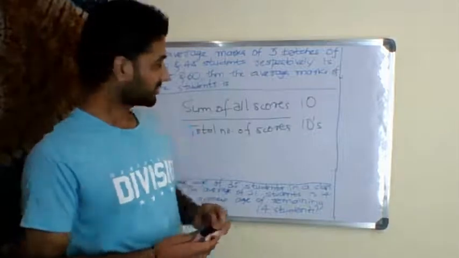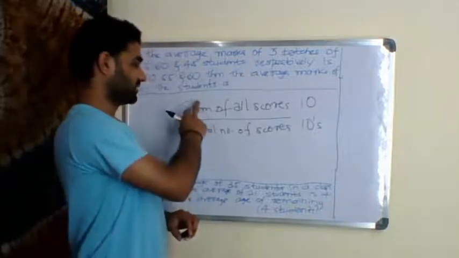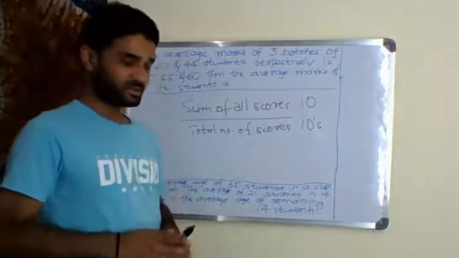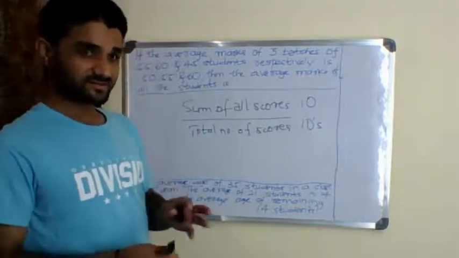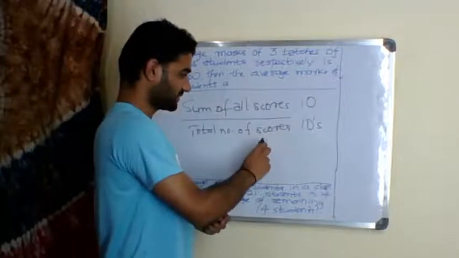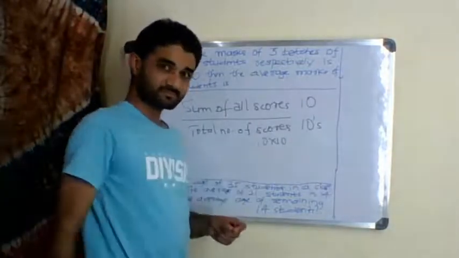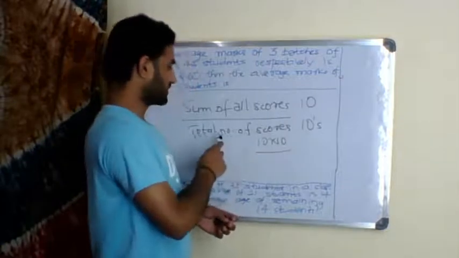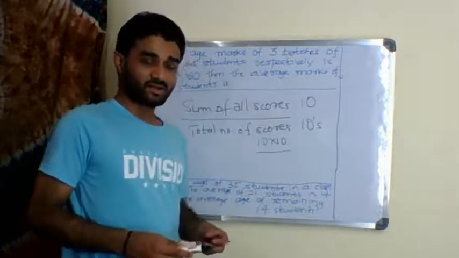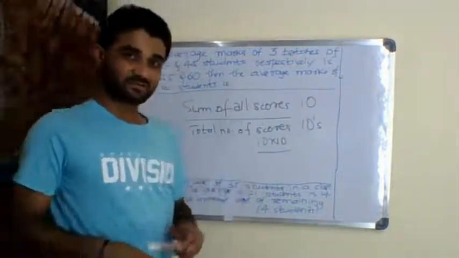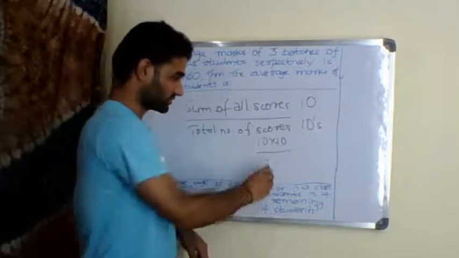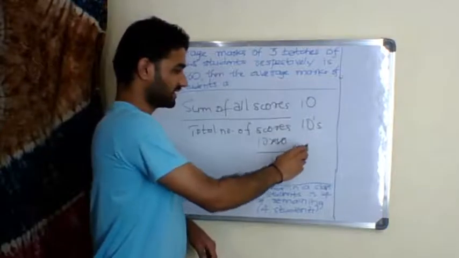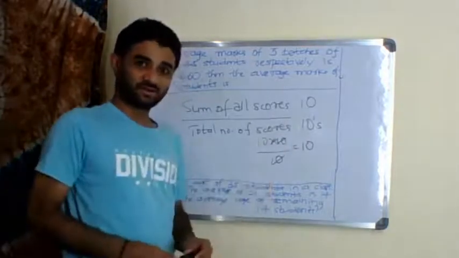As per this formula, the numerator is the sum of all scores. You have 10 tens, so the sum will be 10 multiplied by 10, which is 100, divided by the total number of scores. There were 10 scores, so the denominator is 10. The 10 gets cancelled. The average is 10.